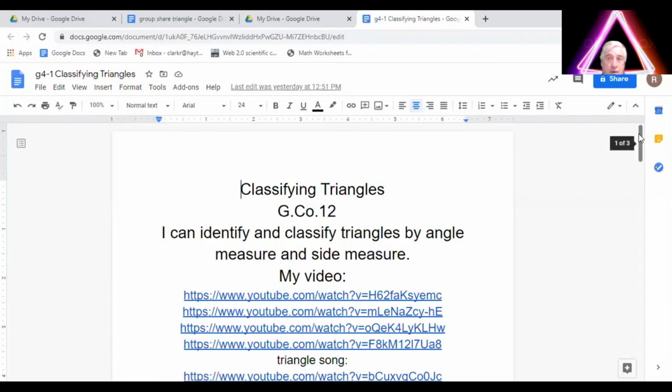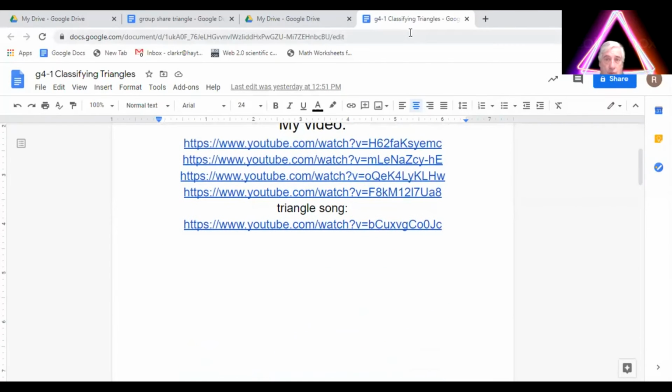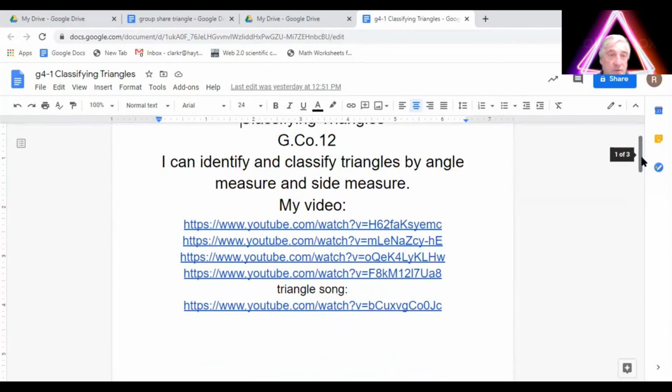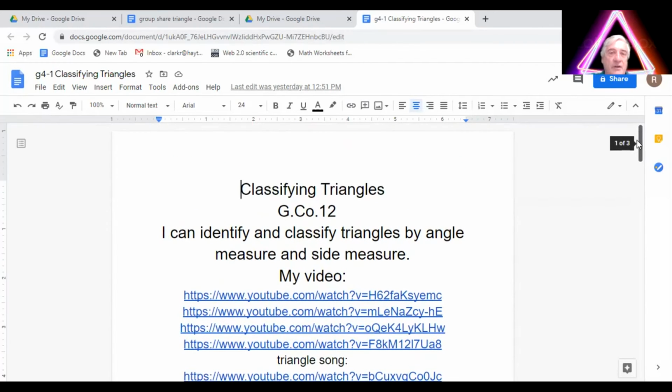All right. I'm going to continue teaching the lesson, but I can tell you something. With your group share, I'm pretty sure you know most of this. It's just a matter of a few vocabulary words that we're going to use. But you have the idea. This is classifying triangles.